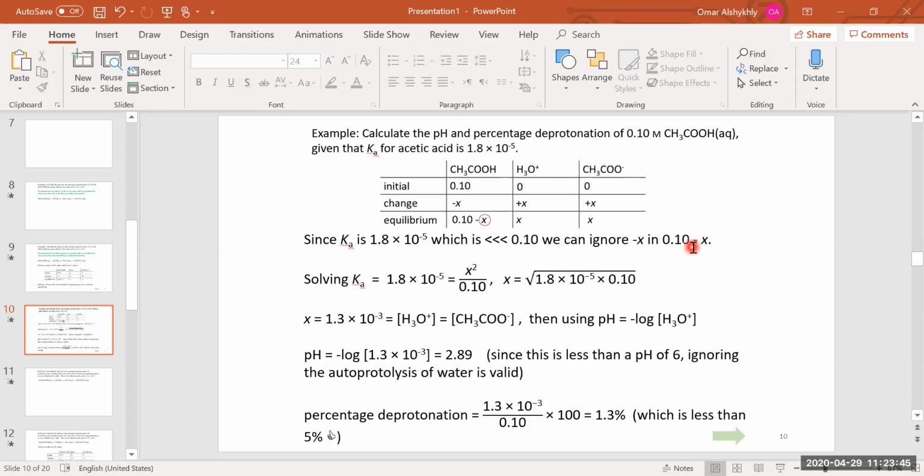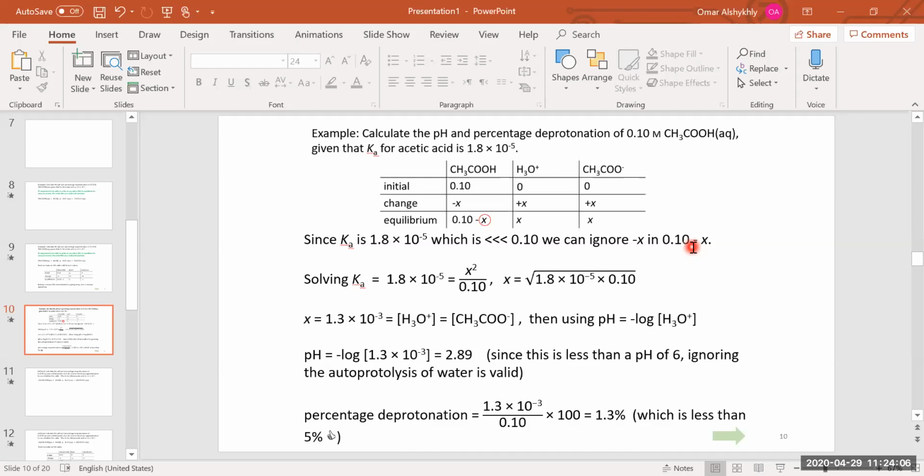Guys, in this situation, you either do the approximation, like what we're going to do here, or keep the x, especially if the Ka is large, and use the quadratic equation.